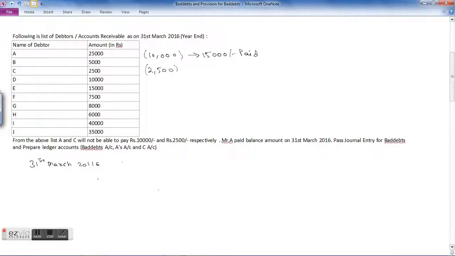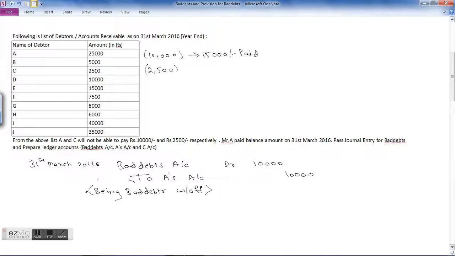So the entry is bad debts account debit 10,000 to A's account 10,000, with the narration being bad debts written off.